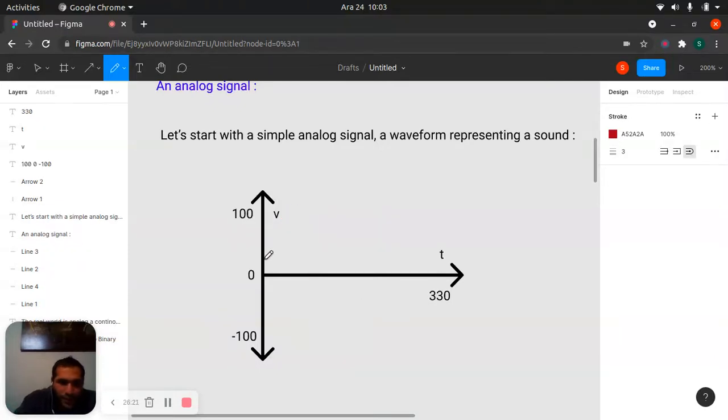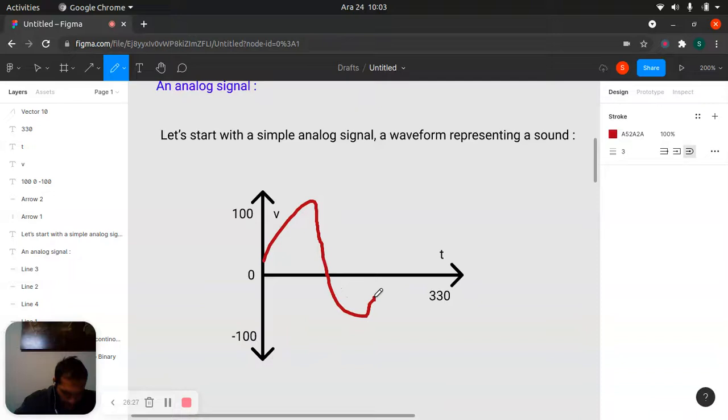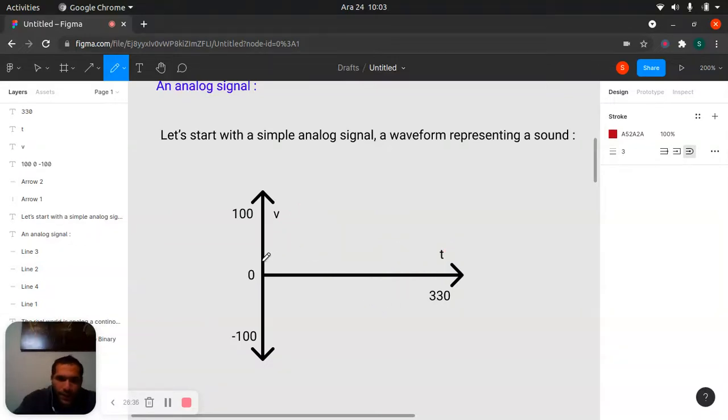Why is this place going so bad? Okay, let's do it a little long and go up again. I don't understand why. Let's do it. Okay.